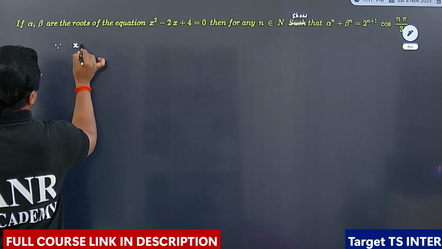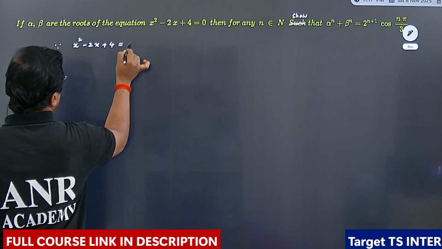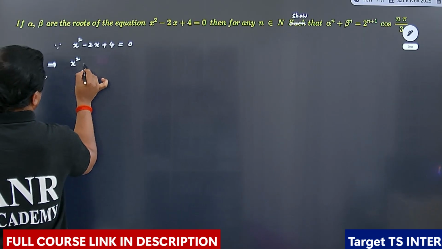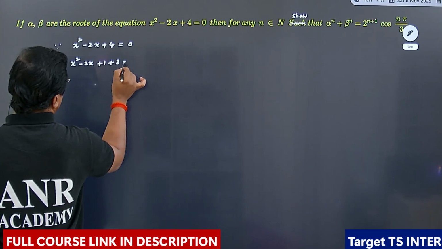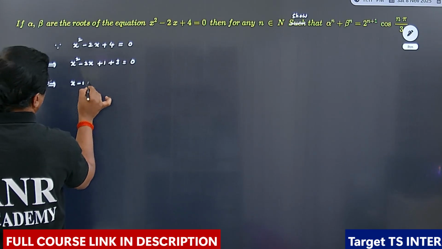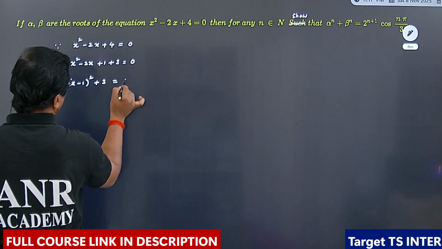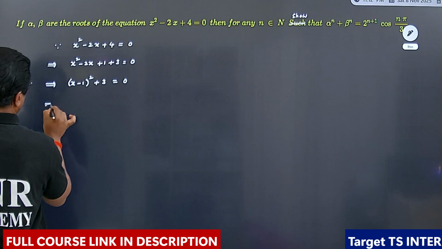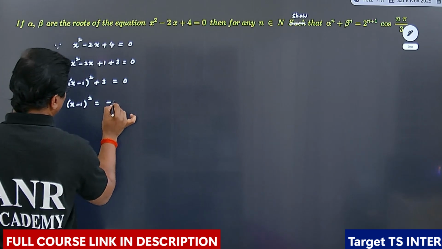Since x square minus 2x plus 4 equal to 0, I can write x square minus 2x plus 1 plus 3 equal to 0. This implies x minus 1 whole square plus 3 equal to 0, and you can write x minus 1 whole square equal to minus 3.